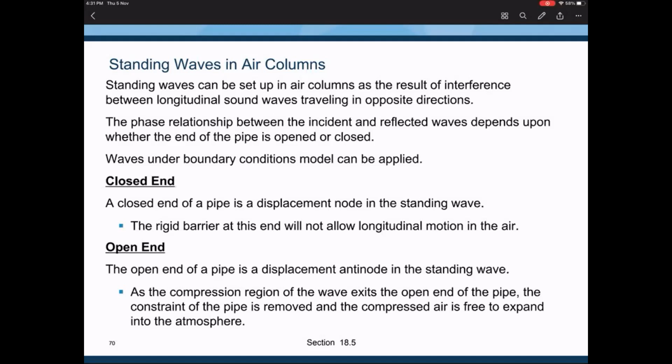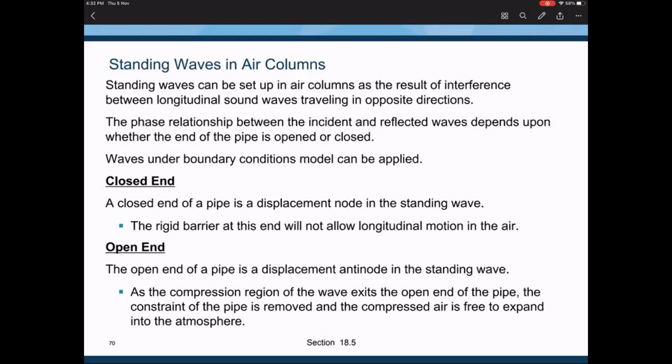Or the other way is you try to blow air into the air column. When you blow the air, you are not introducing one particular frequency, but basically all different frequencies are possible. So when you blow the air into the air column, it depends on what is the resonant frequency of the air column, what is the standing wave frequency for that air column, and it would give you back the particular frequency that corresponds to the air column.